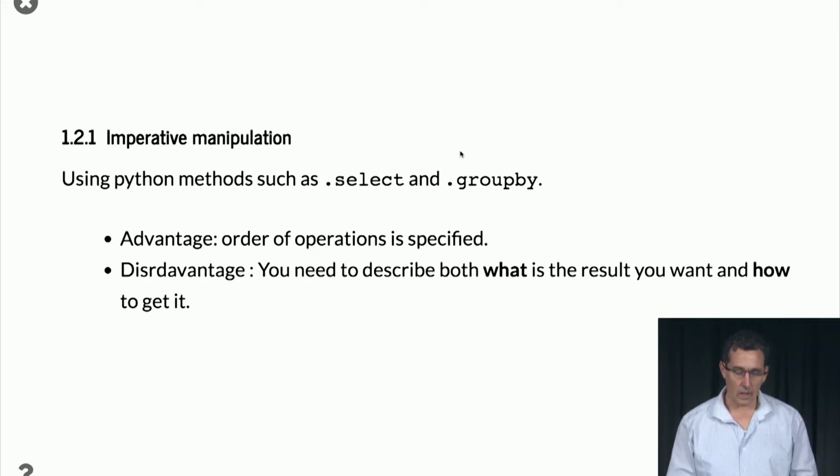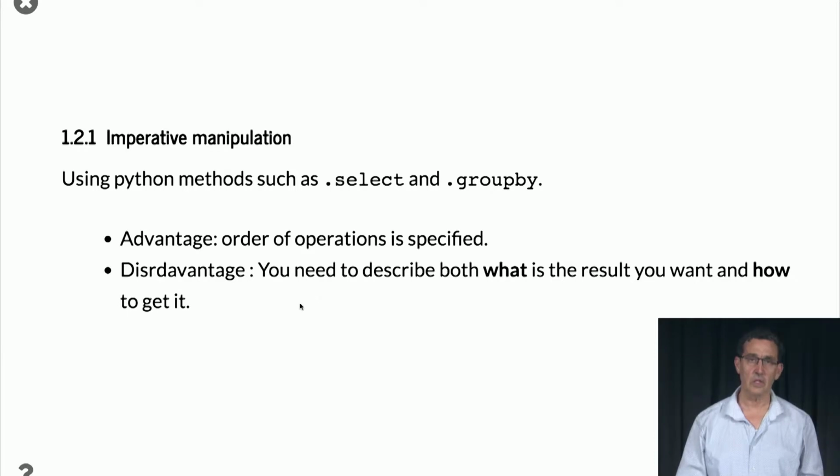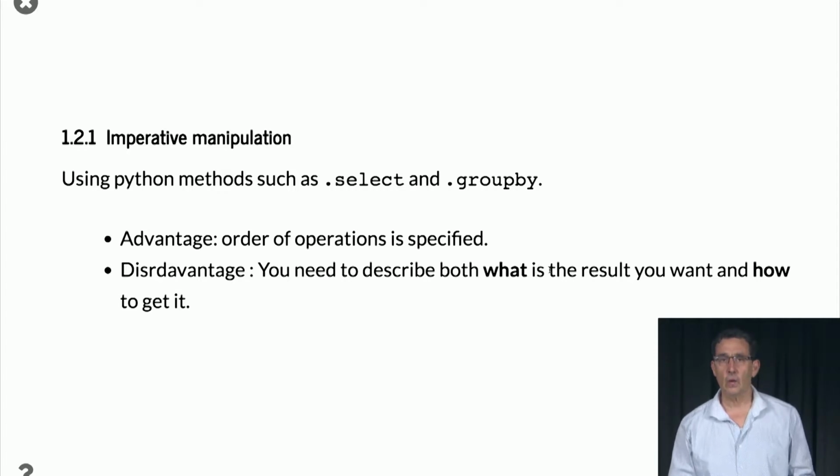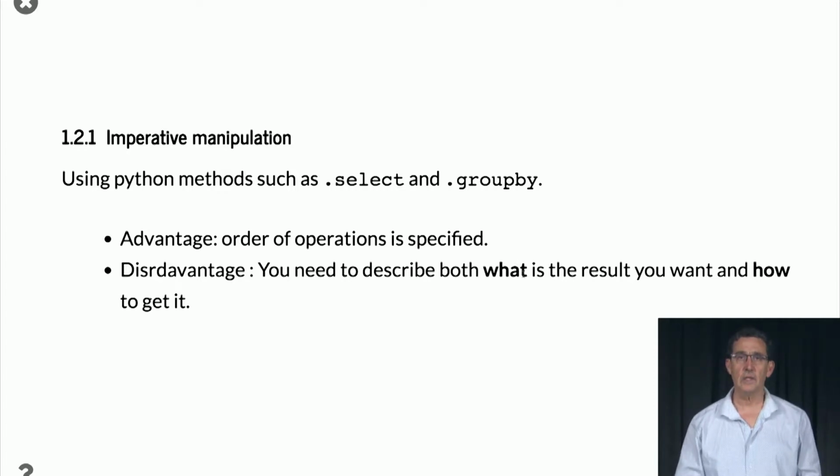One is using methods of the type we saw, select and group by, and so on. The advantage is that you specify exactly in what order you want to perform the operation. The disadvantage is you need to describe both what you want to compute and how you want to compute it.